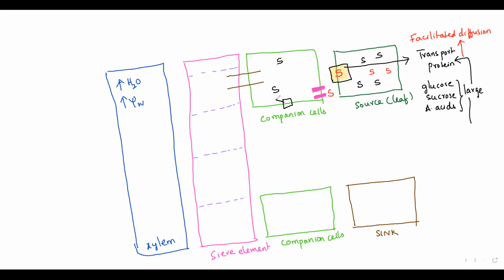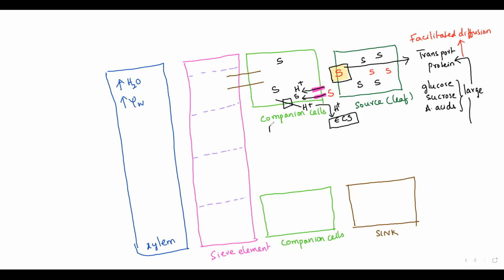This is a proton pump which is going to pump the proton out into the extracellular space here. This is the extracellular space. Now what happens is sucroses are going to be moved into, as well as protons are also going to be moved into the companion cell, and this is being done by whom? By a co-transporter.